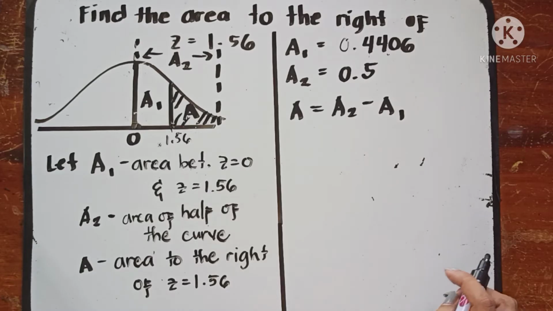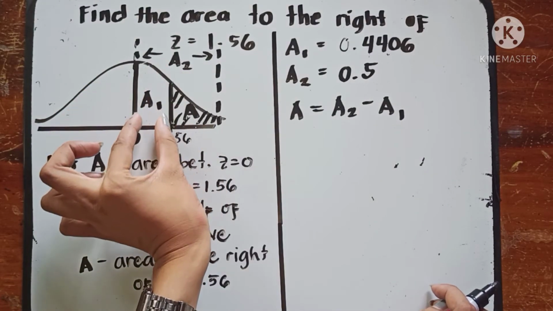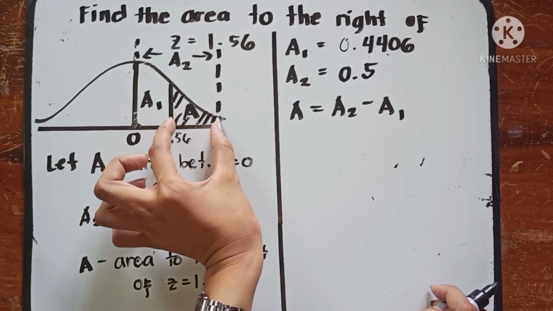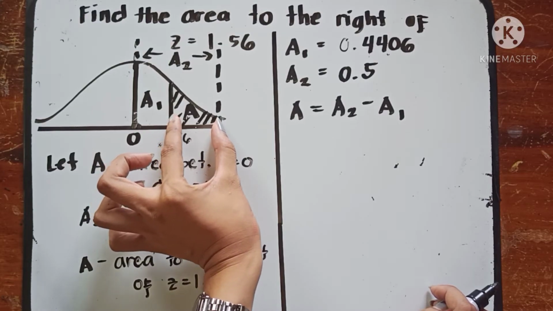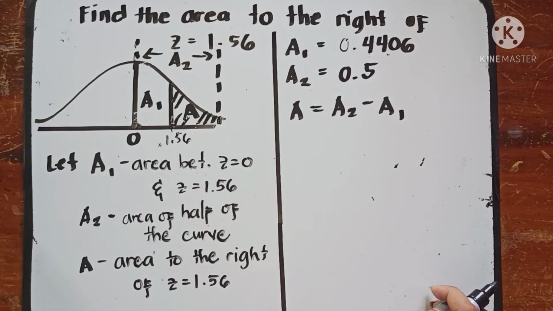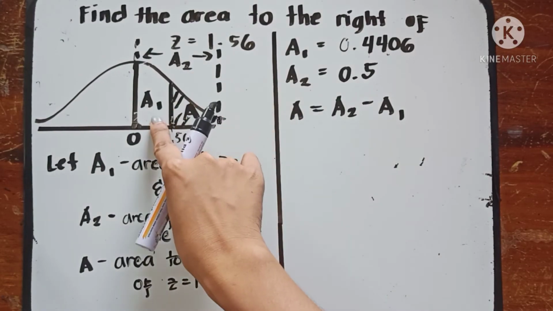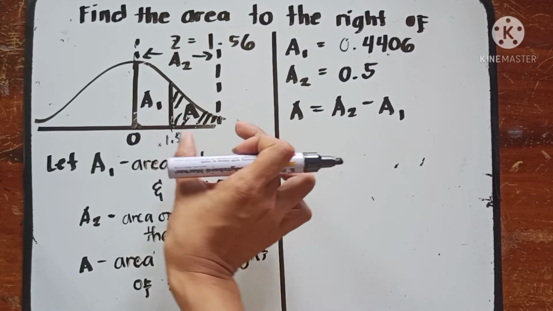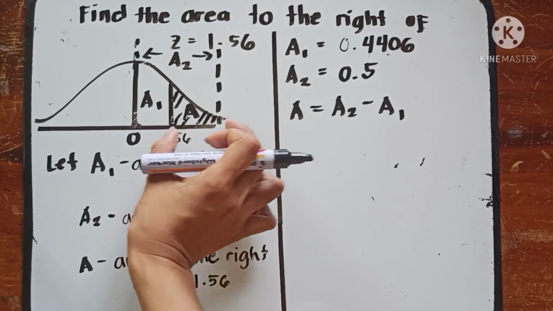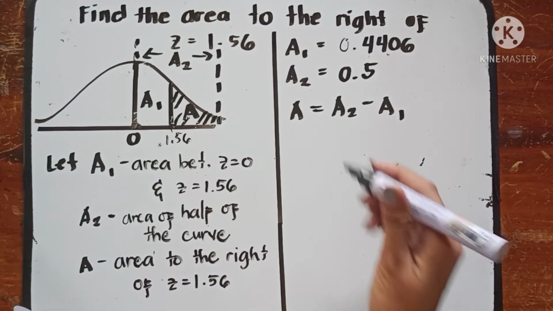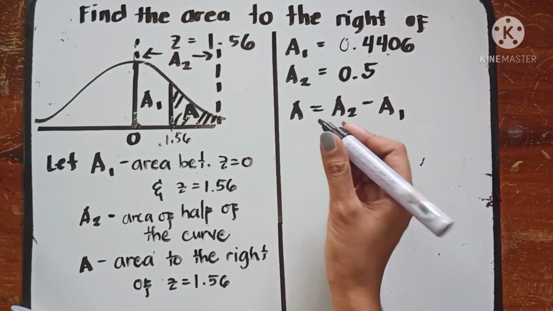Ang formula natin ngayon is a sub 2 minus a sub 1 para makuha mo itong area nitong shaded part. Again, to solve for the value of your a, that is a sub 2 minus a sub 1. So, magbabawas tayo para makuha itong part na to.